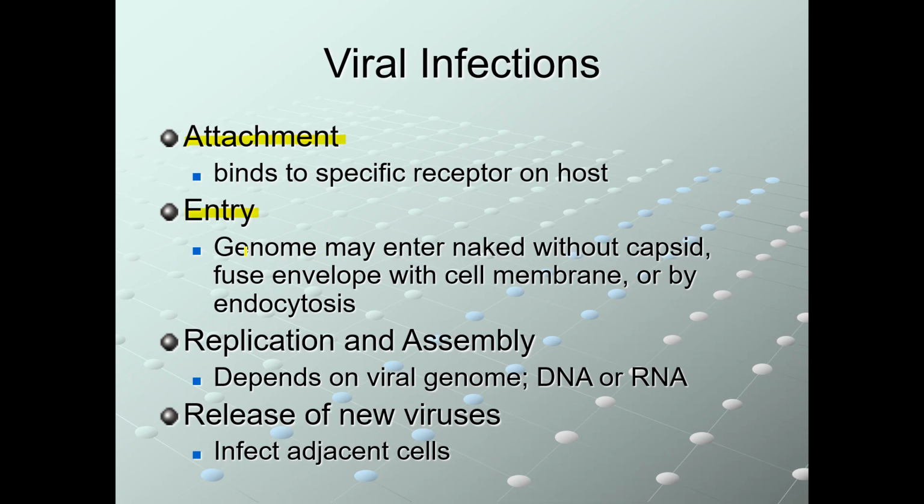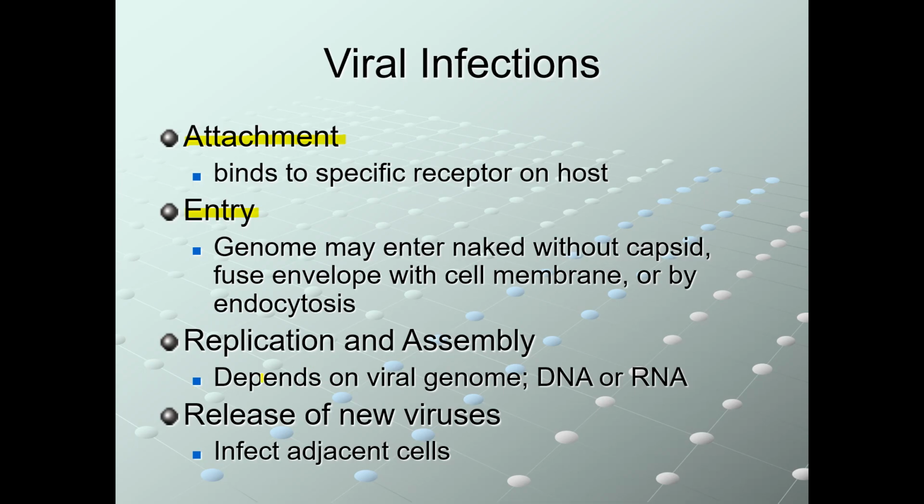Now, sometimes it may just inject that genetic material directly, so that means it's going to enter without its capsid. It could possibly fuse. The envelope of the virus may fuse with the cell membrane and allow the genetic material to enter, or the cell could actually take it in by endocytosis. Remember, that's the cell engulfing that virus. That would only be triggered, though, by the attachment. So there'd have to be some kind of receptor-mediated endocytosis that would have to happen.